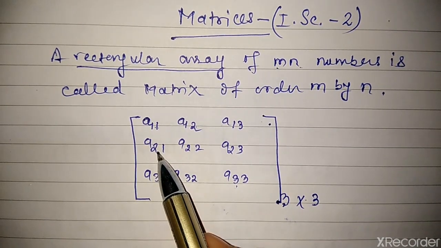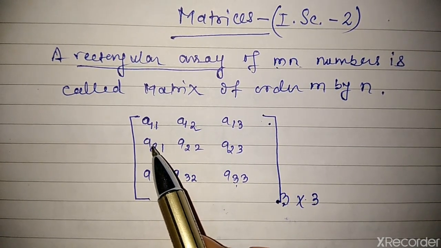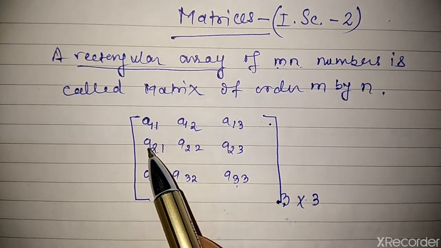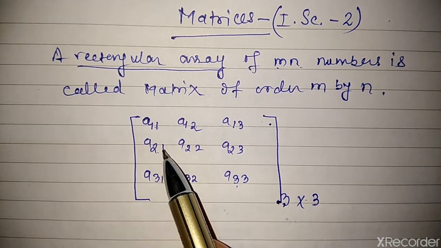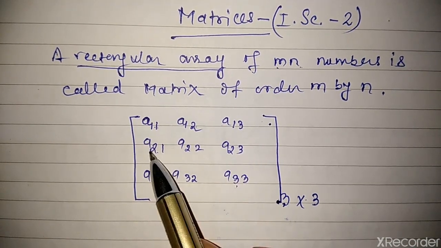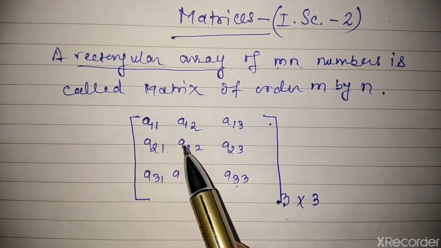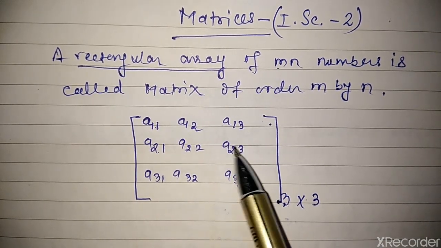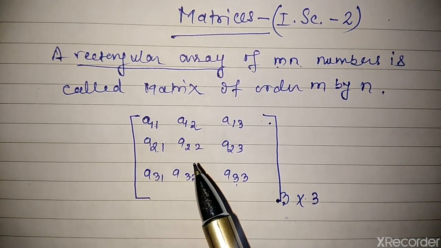If we come to A21, then we say this one is the second row but first column, that's why we write A21. That means the second row and the first column. Similarly, we write A22, that is second row and second column.